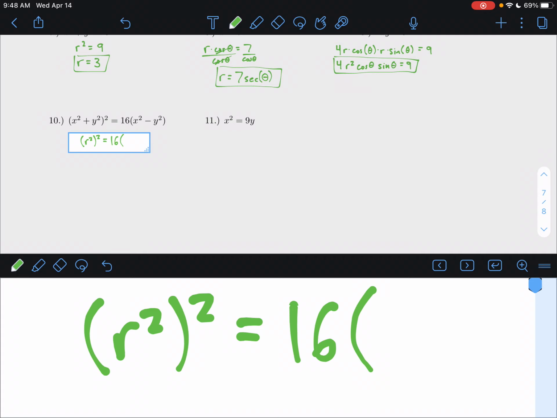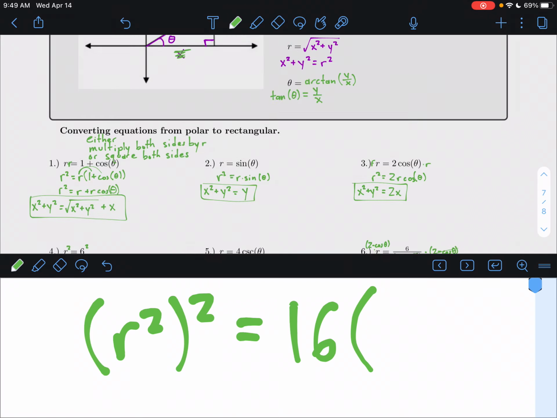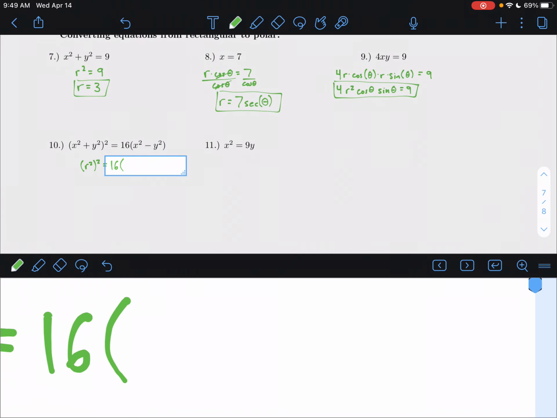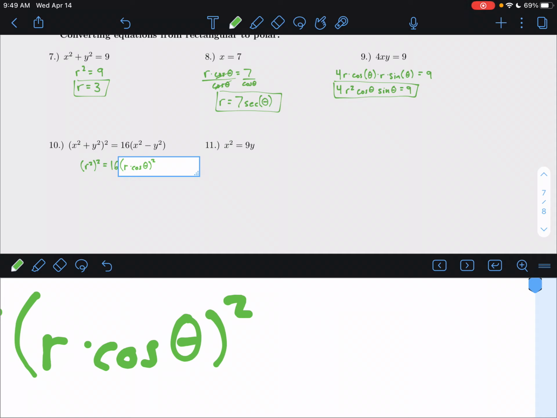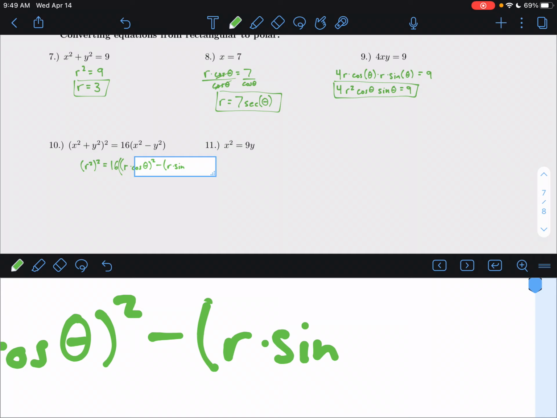We don't have a definition that has x squared minus y squared. So what I'm going to do is use x is r times the cosine of theta, so x squared is going to be (r times the cosine of theta) squared. And then y squared is going to be (r times the sine of theta) squared.